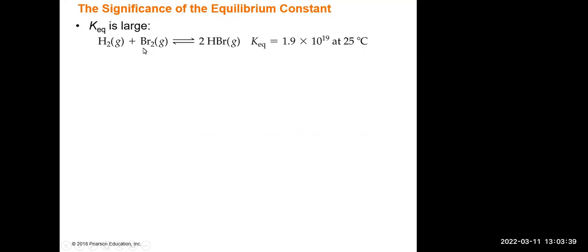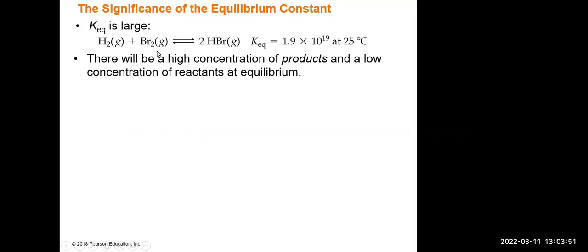We have H2 plus I2 going to 2 HBr, and at 25 degrees Celsius, the KEQ is 1.9 times 10 to the positive 19. That means this reaction hugely favors HBr. So there will be a high concentration of product and low concentration of reactant at equilibrium.